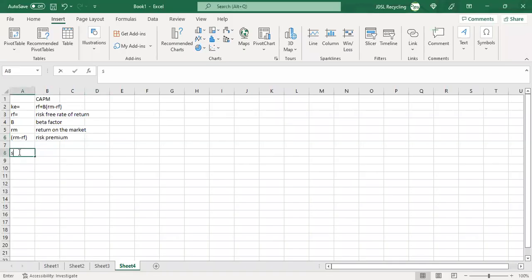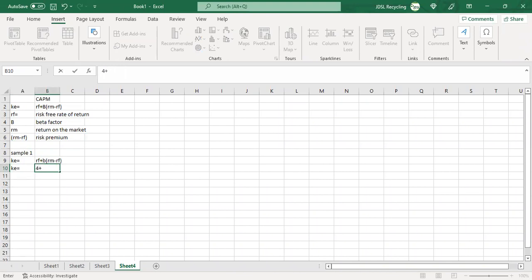Example 1. KE is equal to risk-free rate of return plus beta into brackets, return on the market minus risk-free rate of return. So KE will now be equal to risk-free rate of return, which is 4%, plus beta.